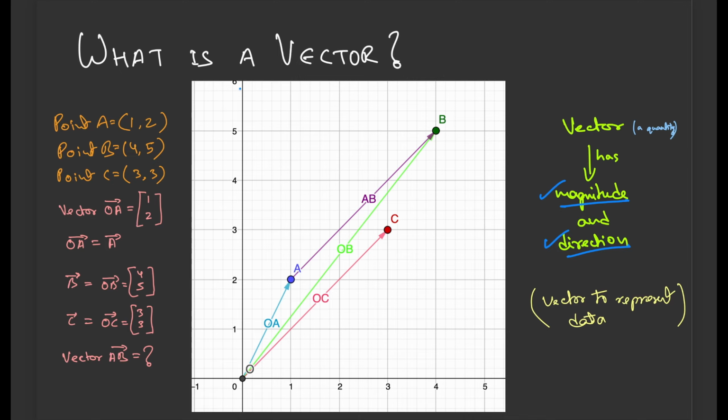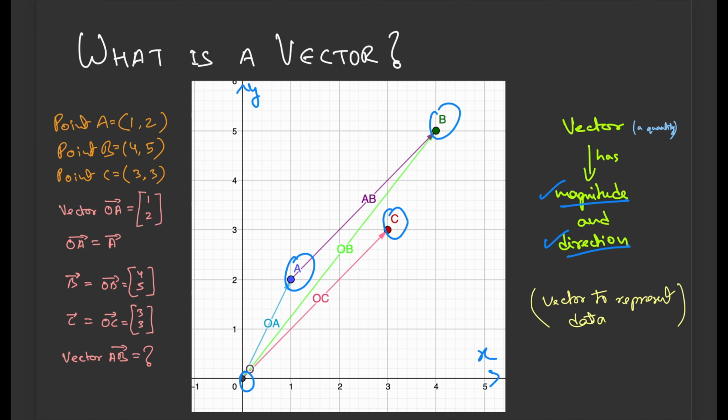So this is a 2D plot, a 2D graph, where we have two components. This is X and this is Y. We have 3 points here, point A, point B, point C, and we also have the origin, which is 0, 0.